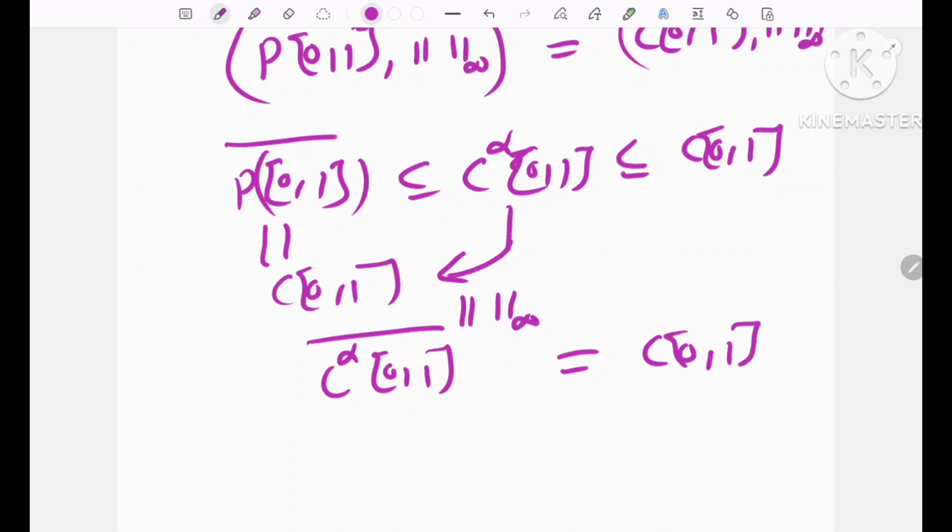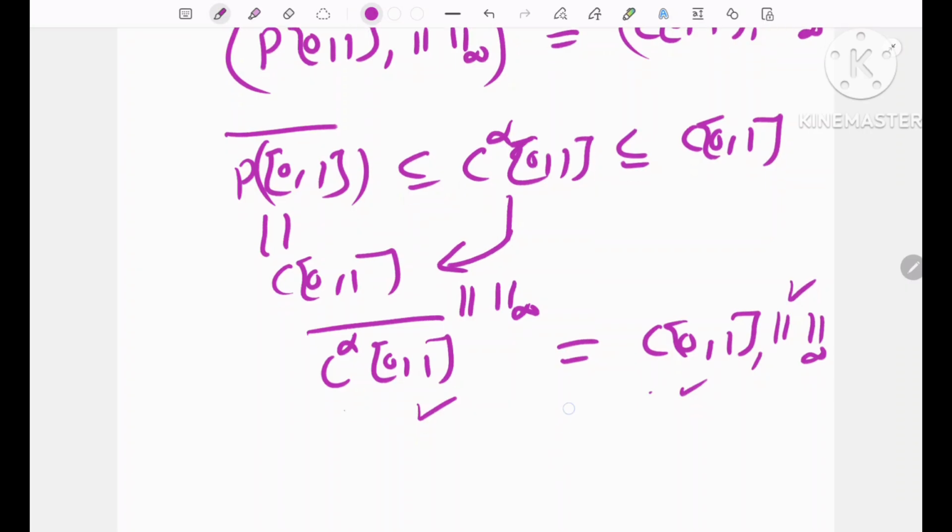Then our claim is proved. It shows that C alpha[0,1] is dense in C[0,1] with respect to the sup norm, and we have already previously said that C alpha[0,1] is not equal to C[0,1].